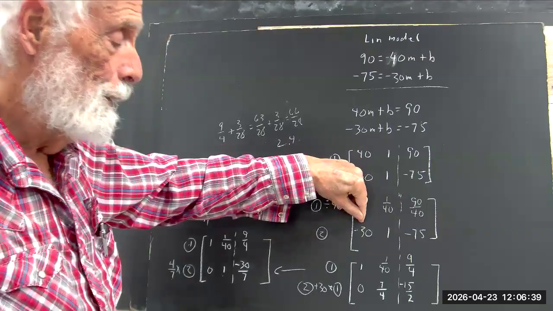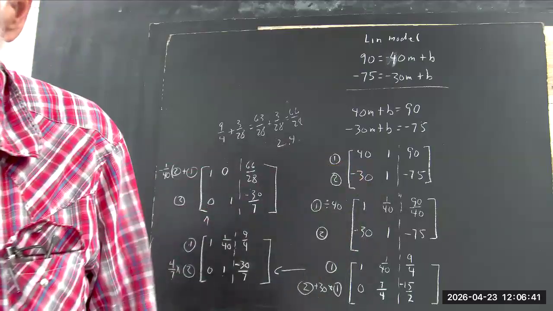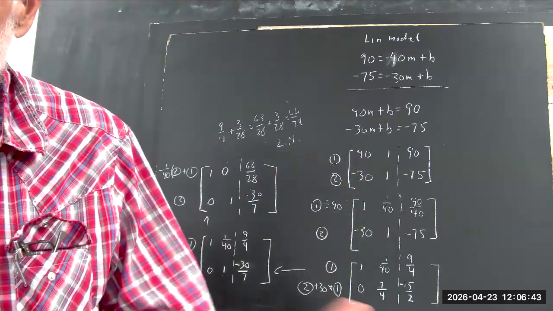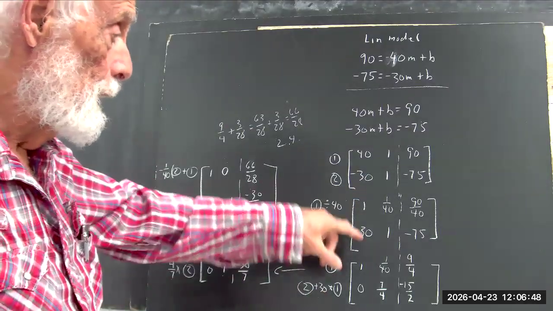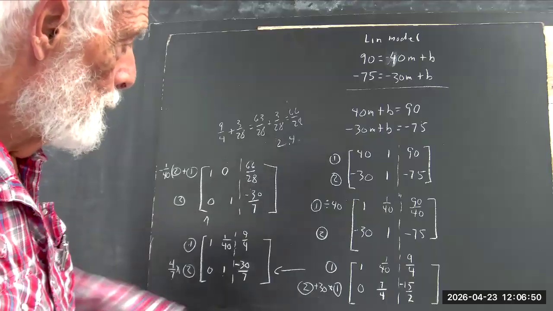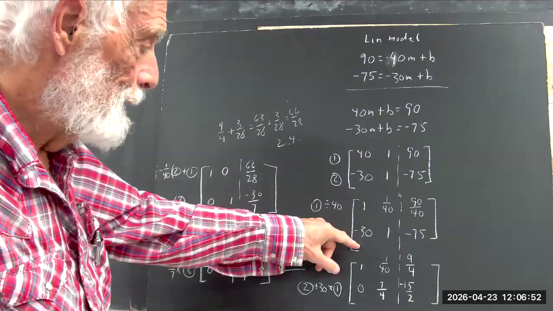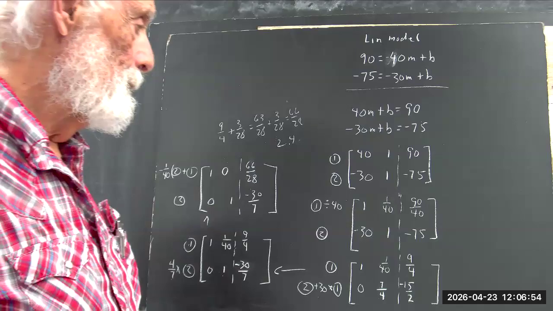And if we add that to the number just below it, the negative 30, so we've eliminated x's, but we haven't had to write down any x's, we're going to get 0. So we multiply 1 by 30, add negative 30, we get 0.